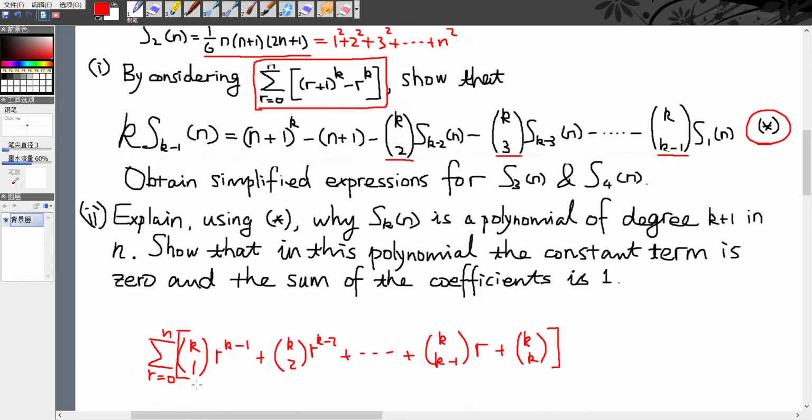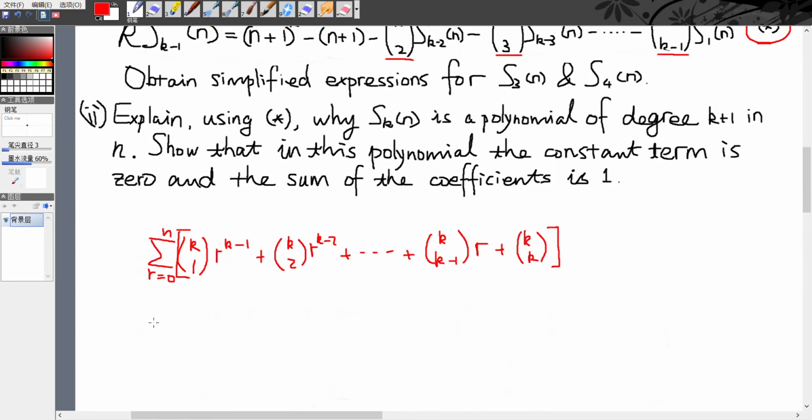We should give it a rectangular bracket, and you will notice that if we extract a binomial coefficient in front of every r to the j term, the summation r from 0 to n of r to the k minus 1 is just S k minus 1.